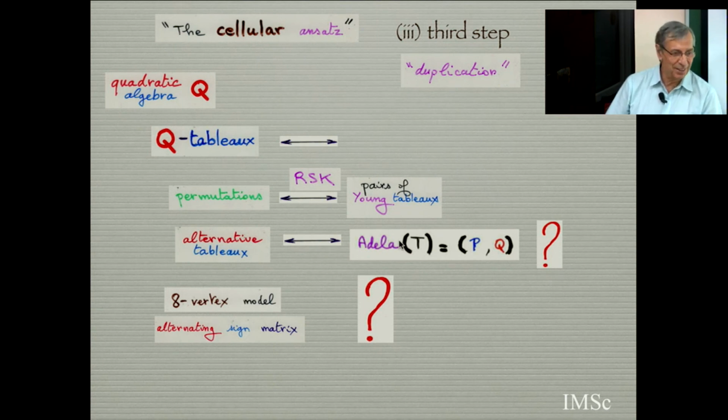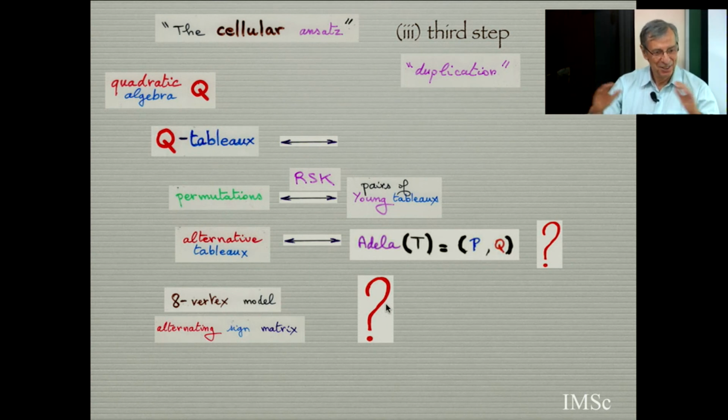And then to every alternative tableau, you get a pair PQ of 2 vectors. I don't know what it is, and we know the number of pairs PQ is n factorial. So there is an open problem to find a bijection between these. And now with this 8-vertex model, try to do the duplication, and maybe it can give you some new insight in this field to find the proof of this beautiful formula.